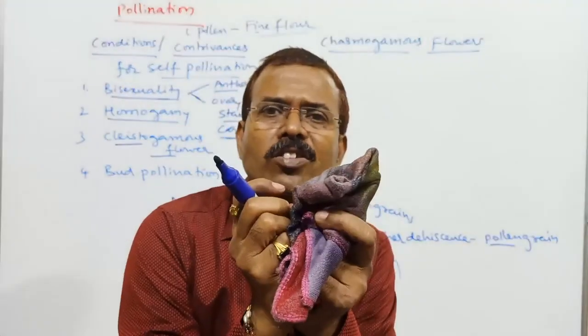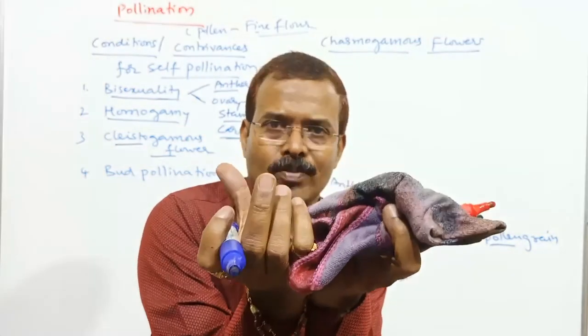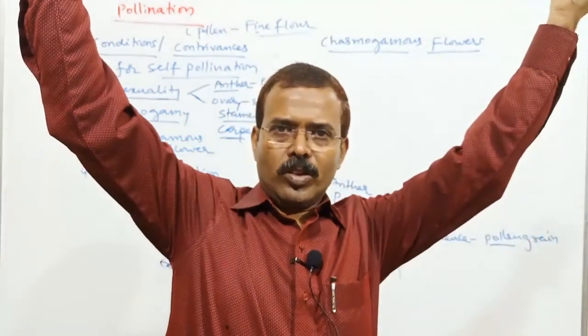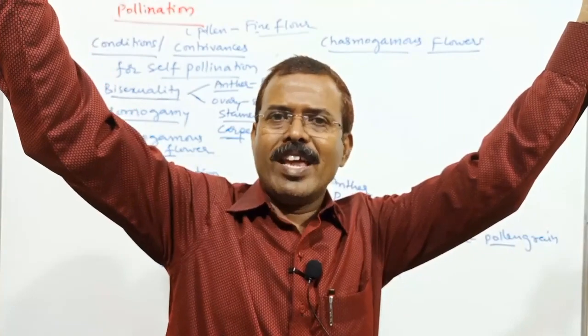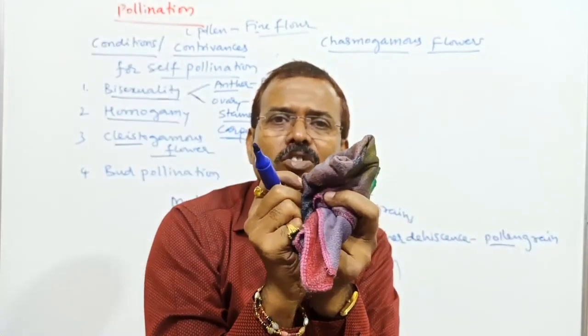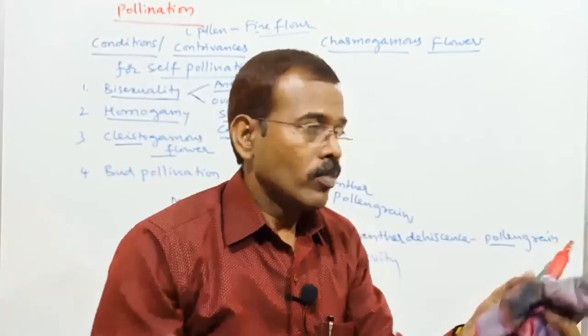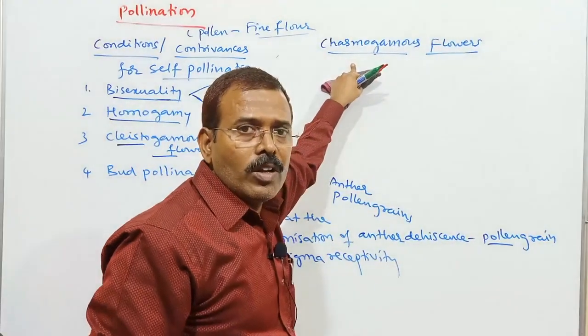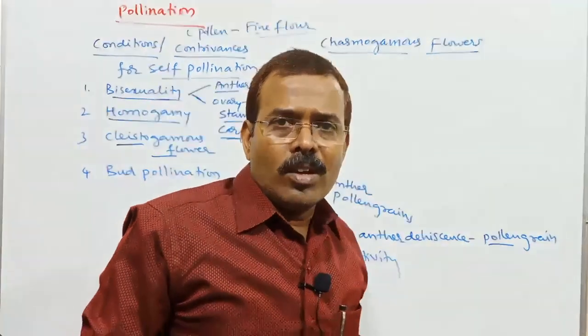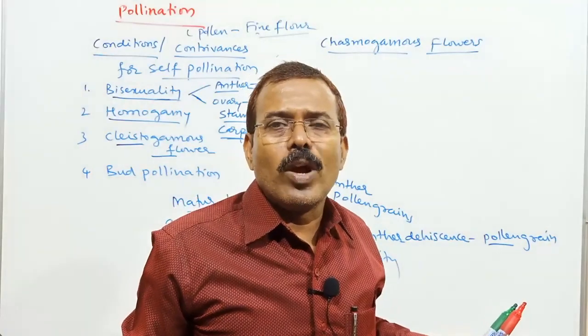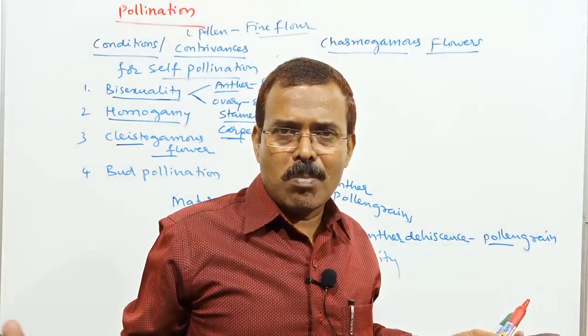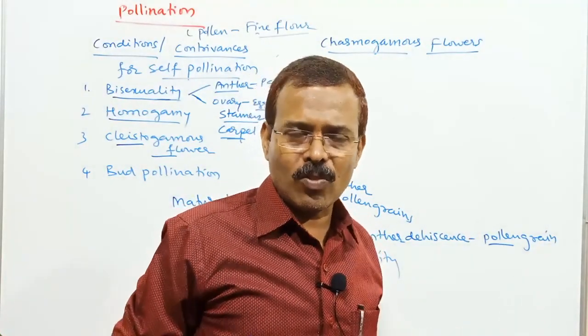The flowers which remain open, well exposed to the surrounding environment, to the air, light. So the flowers which remain open are called chasmogamous flowers. Flowering plants, in their aerial parts, abundantly produce these chasmogamous flowers.